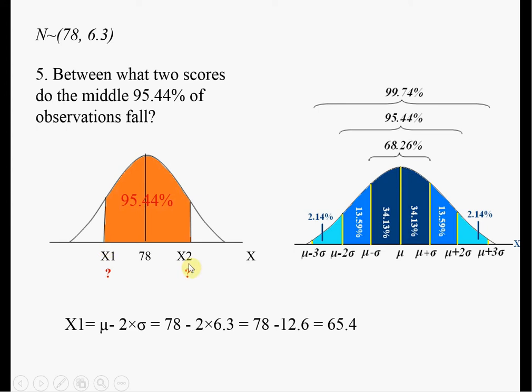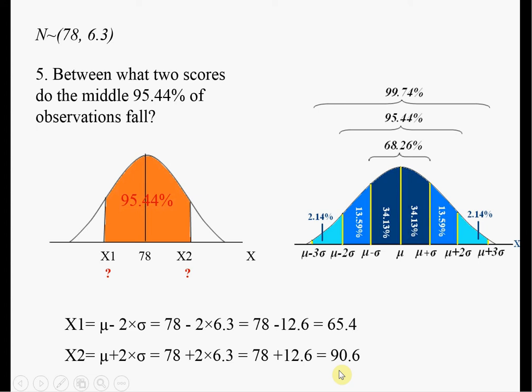We also know that x2 is 2 standard deviations above the mean. Okay. So we calculate the actual value by using the mean plus 2 times standard deviation. Why is it plus? Because it is above the mean. So that gives us 78 plus 2 times 6.3. 78 plus 12.6 gives us 90.6.